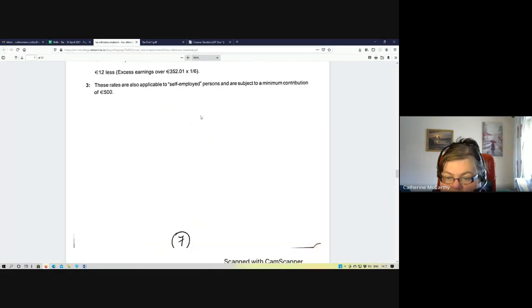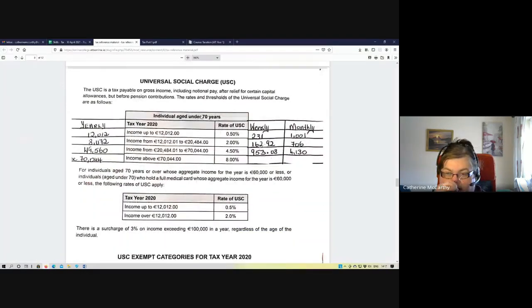If we go to page 8, we'll have our weekly amounts. Our first 231 at 0.5%, our next 162.92 at 2%, and then our next band at 4.5%.